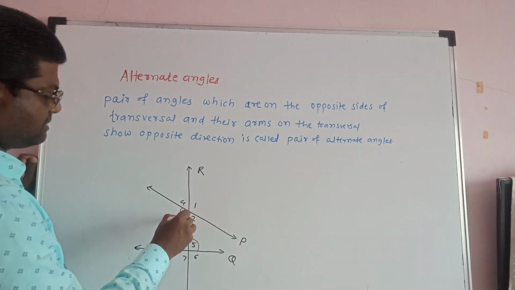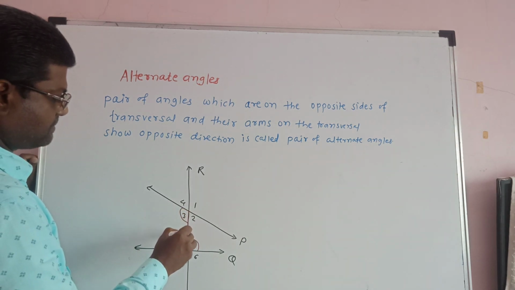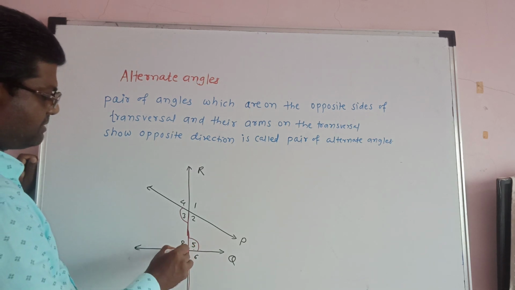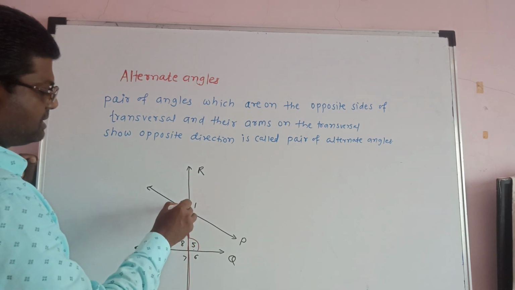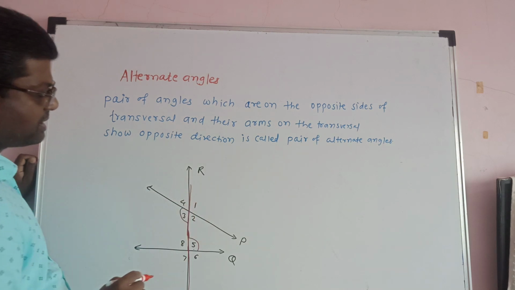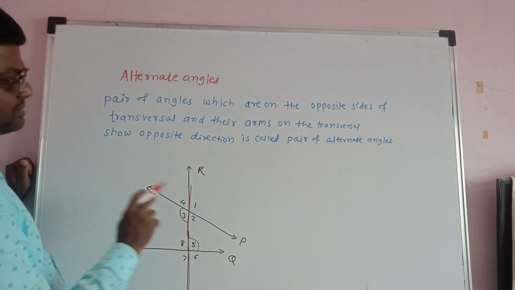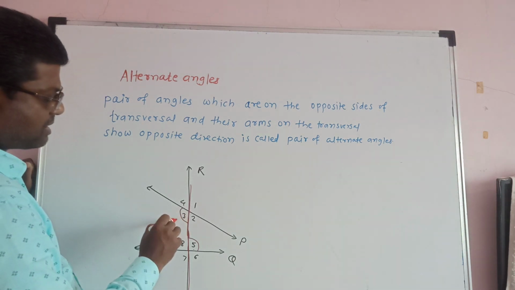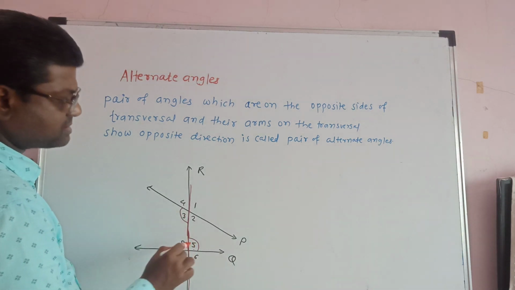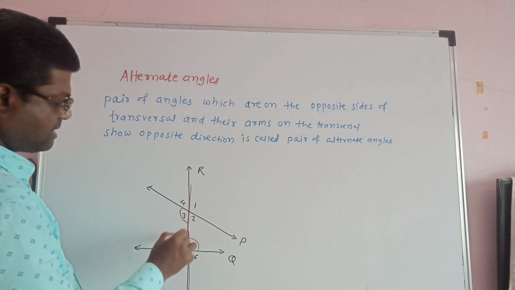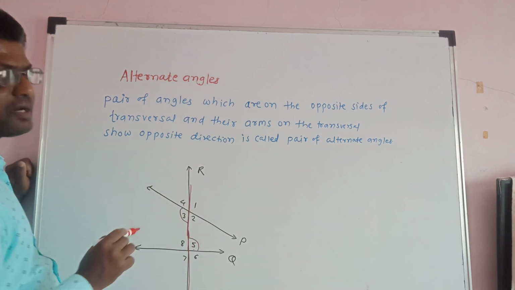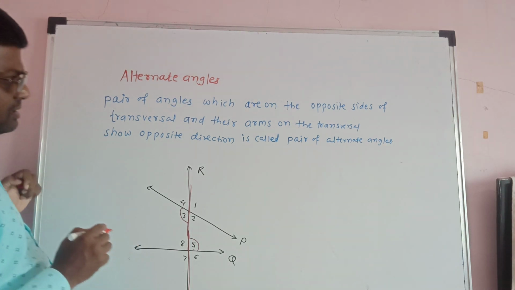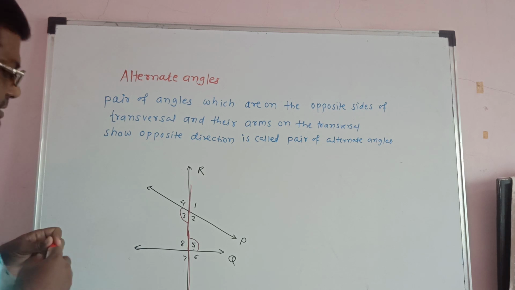Angle 3 has this arm in this direction and angle 5 has this arm in this direction. The angles which are on the opposite side of the transversal and their arms on the transversal are in opposite direction are called alternate angles.